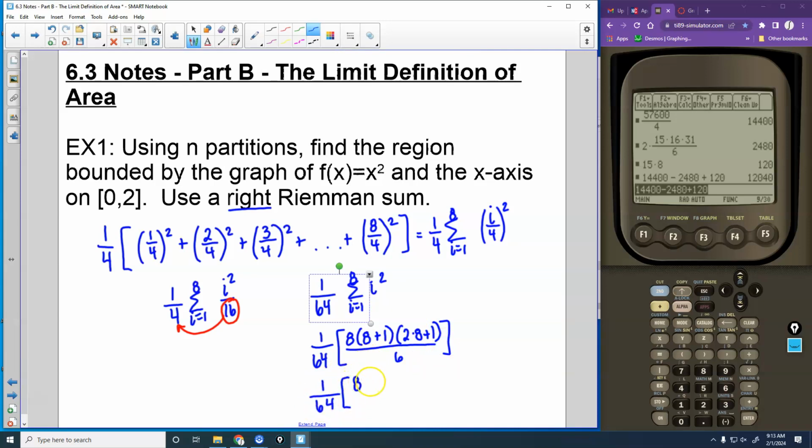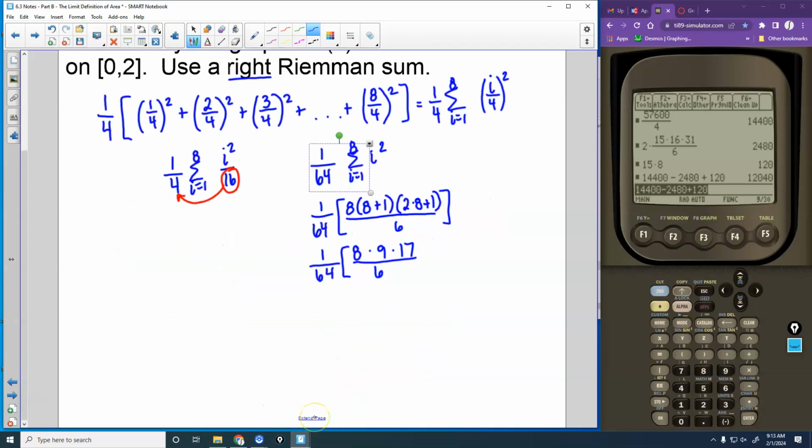Let's see. 8 times 9 times 17 all over 6. I don't want to, but I'm going to try it though. Let's cancel this 8 with that 64 to make that an 8 right there. So 17 times 9, 153. So we'd have 153 over 48 for that, and I don't think that will reduce.